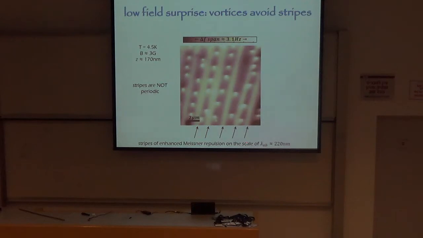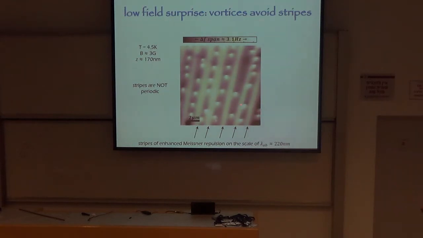Okay, so here I'm scanning the tip at a constant height above the surface, and you can see that the vortices seem to avoid these bright lines. And if you look at my color scale, you'll realize that these bright lines are places where the tip is repelled more from the sample than the darker lines. That would mean that maybe penetration depth could be lower, superfluid density could be higher on these lines.